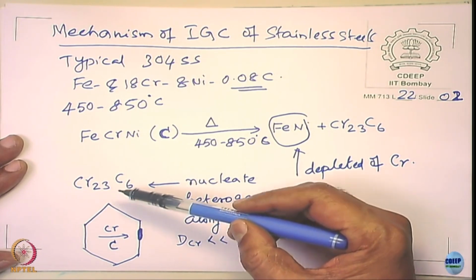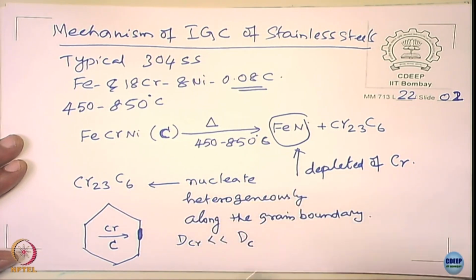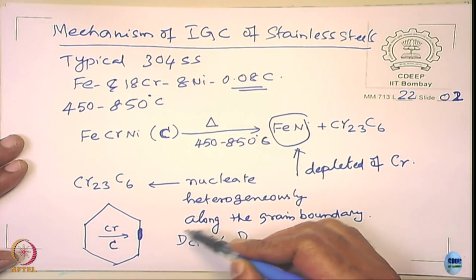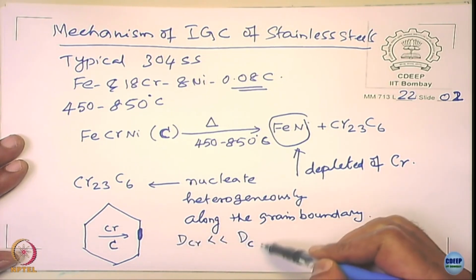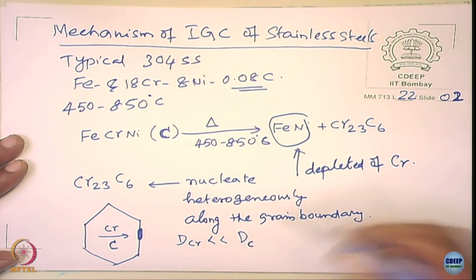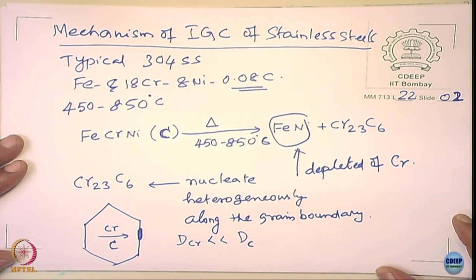That means you need to supply more chromium in order to form chromium carbide. But the diffusivity of chromium is lower compared to the diffusivity of the carbon. So what is the consequence then?